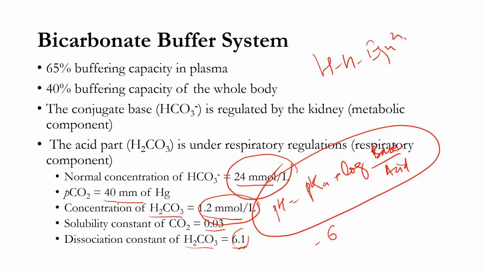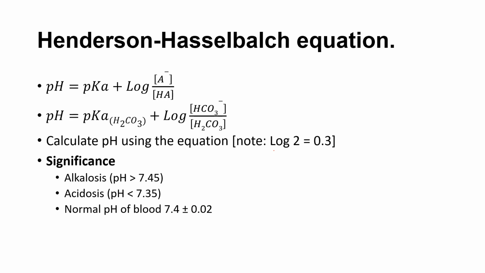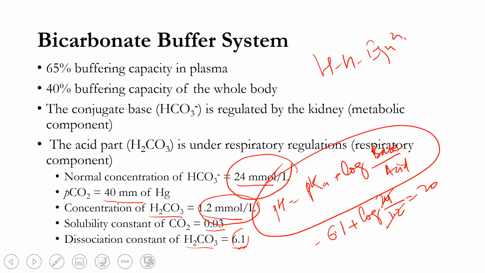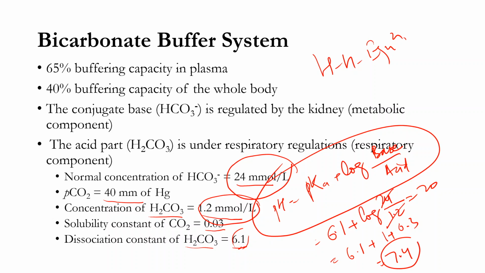So put it like this: 6.1 plus log concentration of the base divided by concentration of the acid. So it will become 20. Log 10 is 1, and log 2 is 0.3. So 6.1 plus 1 plus 0.3 will become 7.4. So this is the pH.